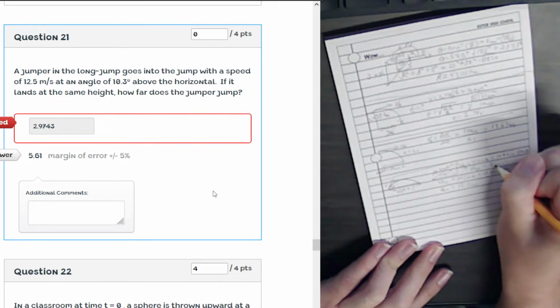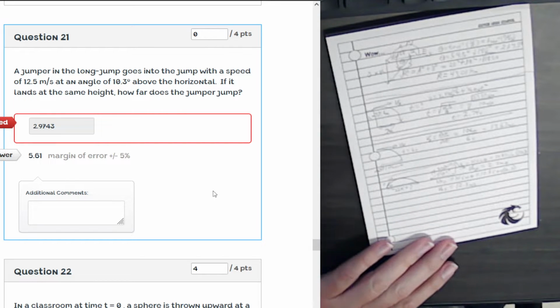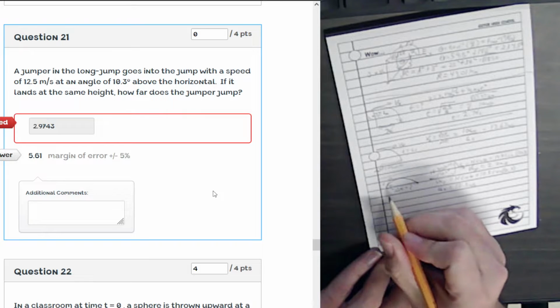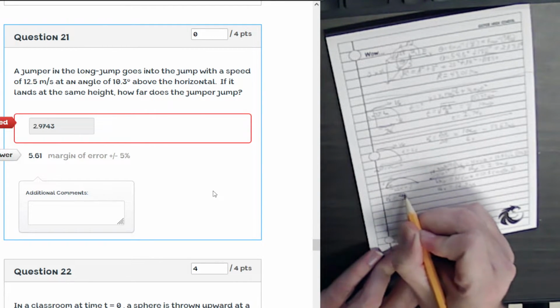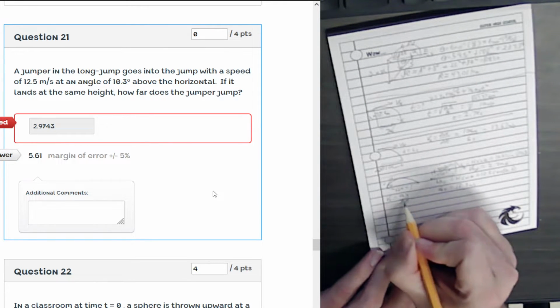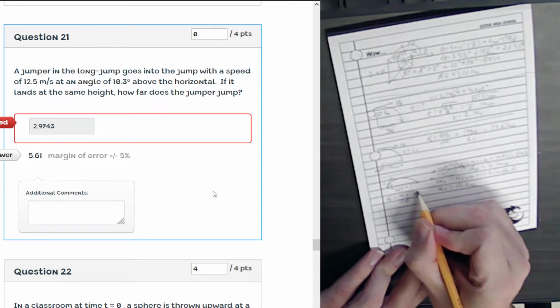We get 2 meters per second. Okay. So we split that, and if we're trying to figure out how far, again, we know delta x is related to our x velocity, delta x over delta t. So in order to find delta x, we have to multiply both sides by delta t.